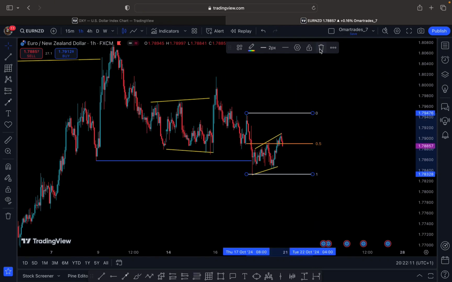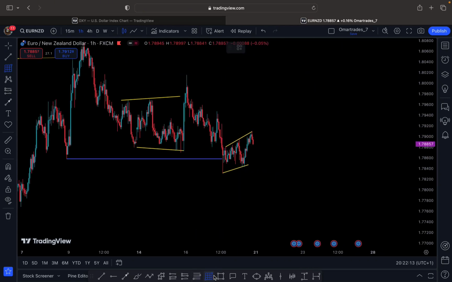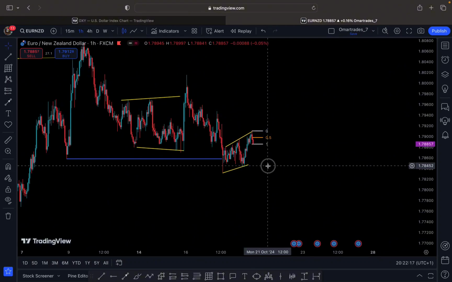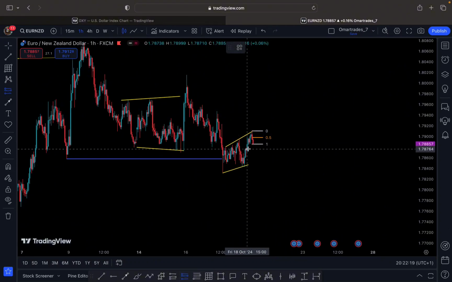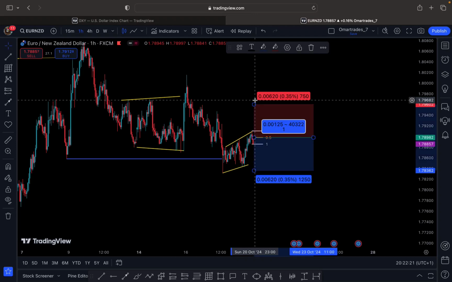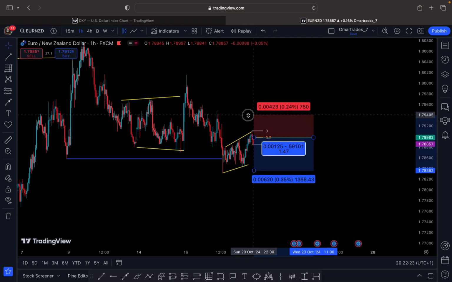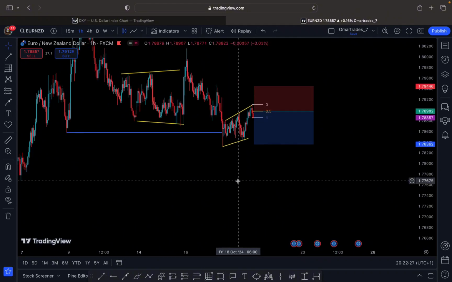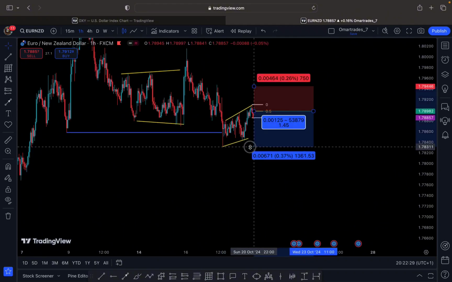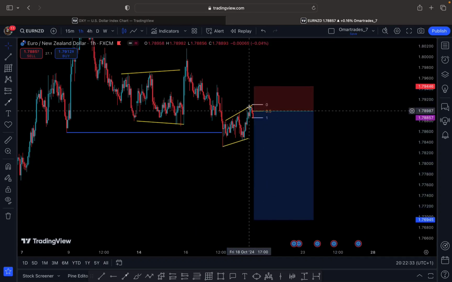We broke back inside. So if I'm going to take this position, I'm going to take it like this. I'm going to take it around the 50% right here. I'm going to have my SL, let's call it here, and then that will be great. By the time we move here, 1.45, I'm going to move to break even, and then I'll see what I get.